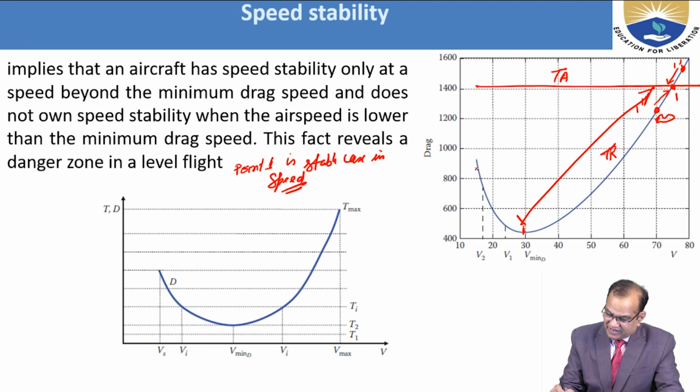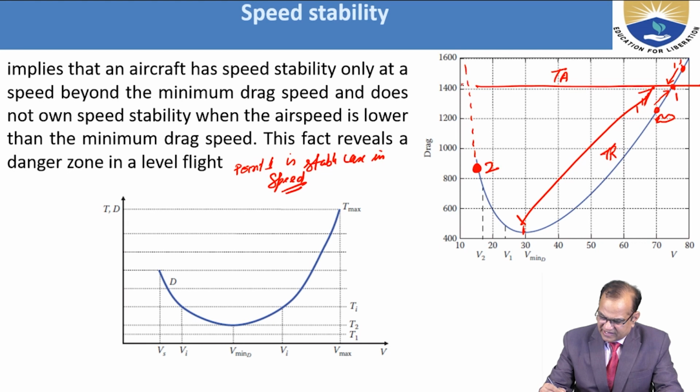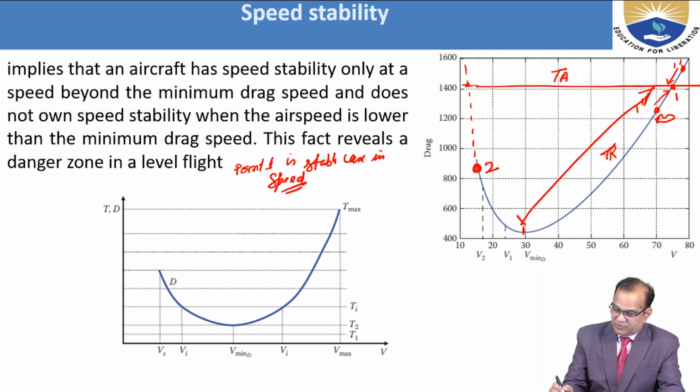But if your aircraft is flying here, assume this is point 2, and if you extend here, what will happen? In this case, your aircraft is flying at V2 speed, but due to the available thrust, your aircraft will not go in this direction.